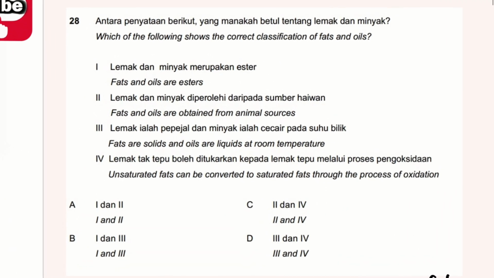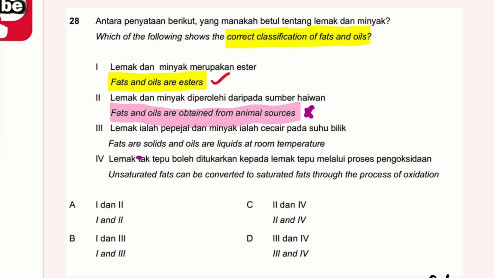All right, we try to check this question. Which of the following shows the correct classification of fat and oil? First, we check the first choice. Fats and oils are esters, so this answer is correct. Second, fats and oils are obtained from animal sources, so here it is wrong. Oil is obtained from plants. All right, we check the third one.